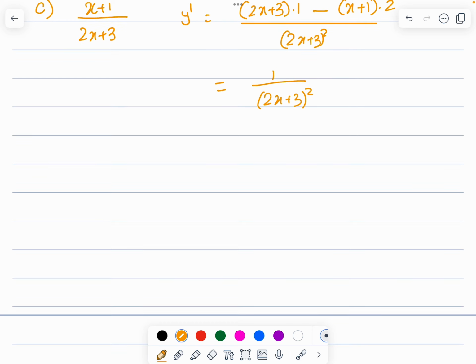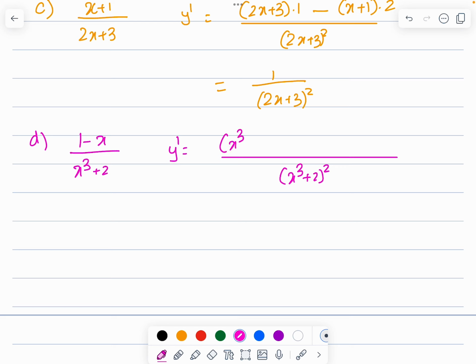Now part D. Over there, the function will be 1 minus x upon x cube plus 2. In that case, y prime will be x cube plus 2 whole square below, x cube plus 2 times the derivative of 1 minus x, which is negative 1, minus 1 minus x as it is, times the derivative of x cube plus 2, which is 3x square.